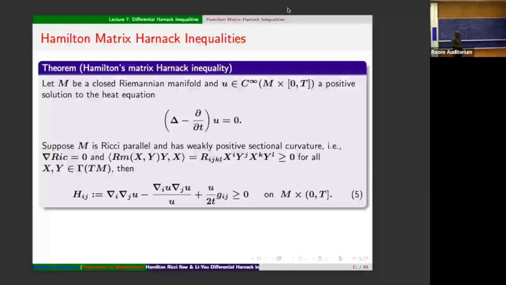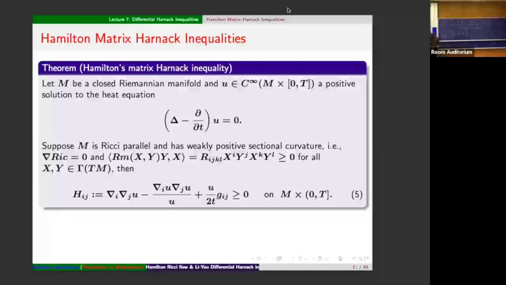Then this holds, where Hij is defined as this. If you take the trace of this, you will get the Li-Yau result back. You do the trace here, and the Hessian becomes the Laplacian.